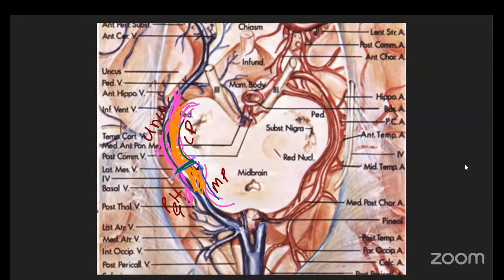The green portion is the crural cistern. The blue portion is the ambient cistern. Why? Because the crural cistern is between the uncus and the cerebral peduncle.